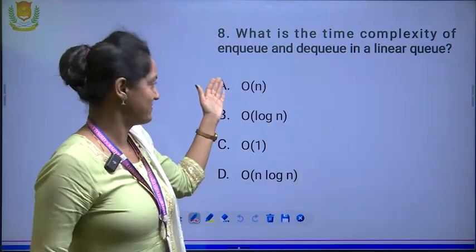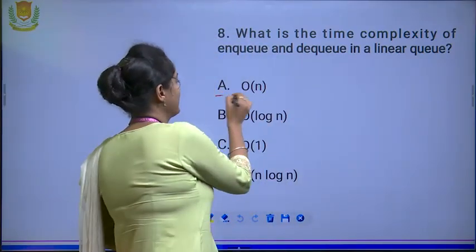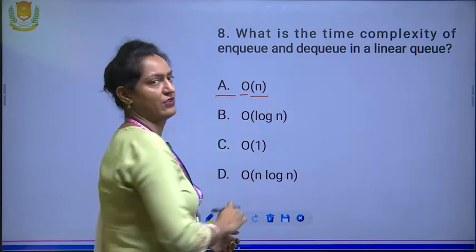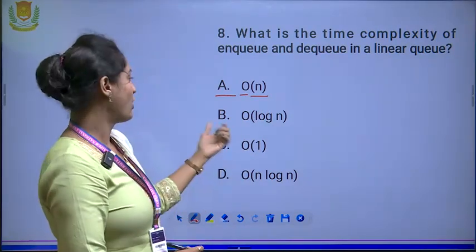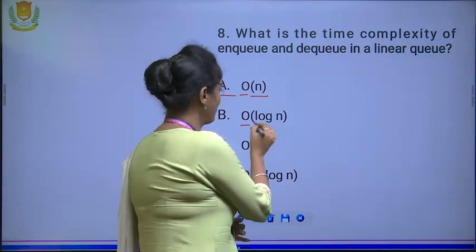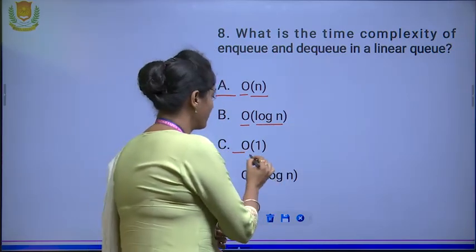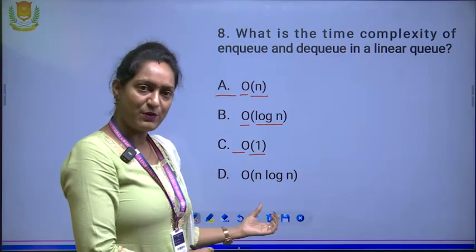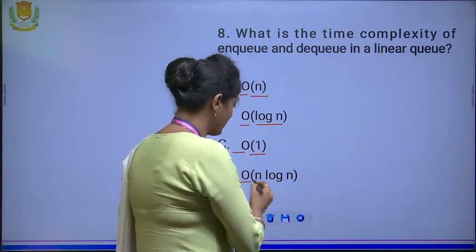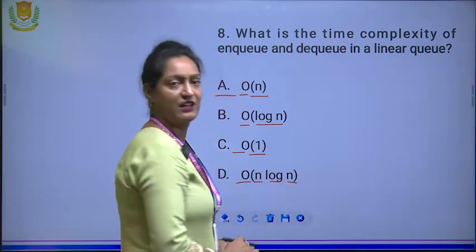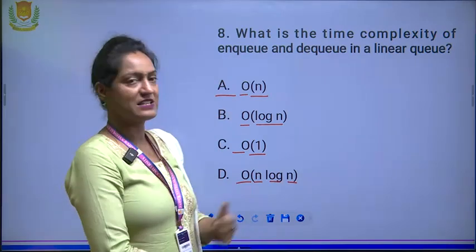Option A is order of n, option B is order of log n, the next option is order of 1, and the last option D is order of n log n, right? So what will be the answer?